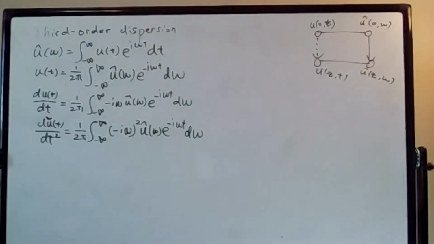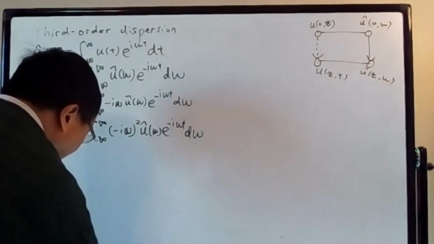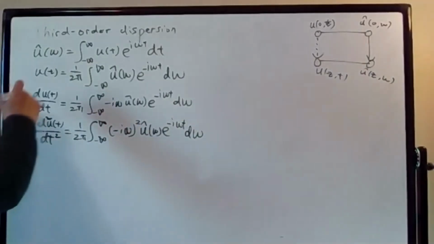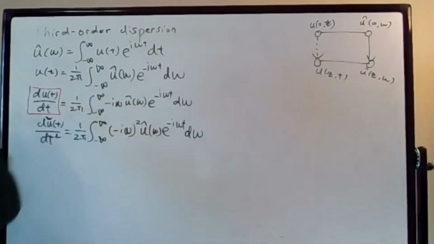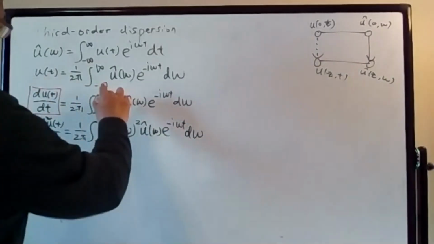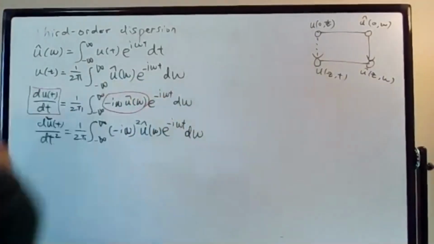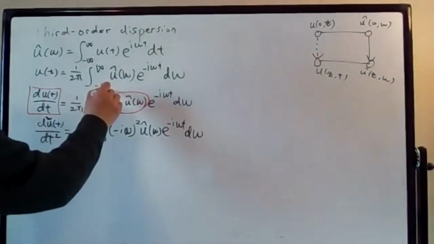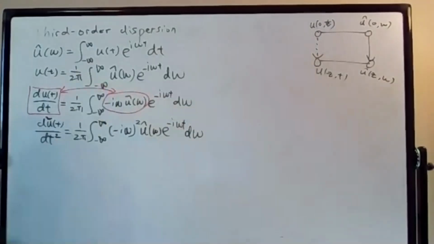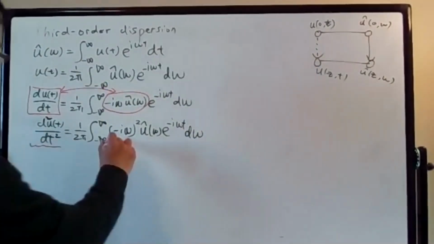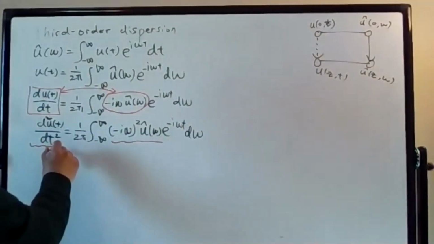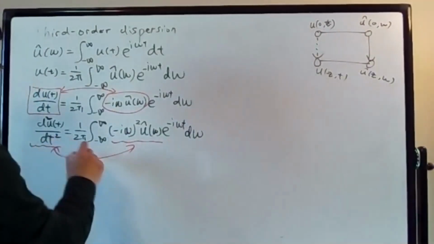With that, we can see the Fourier transform pair. We can mark the Fourier transform pair in the sense that this piece is the Fourier transform pair of this piece, and this component and that component are also a Fourier transform pair.